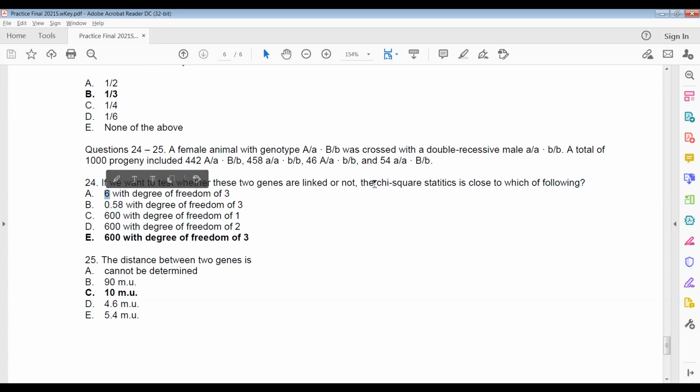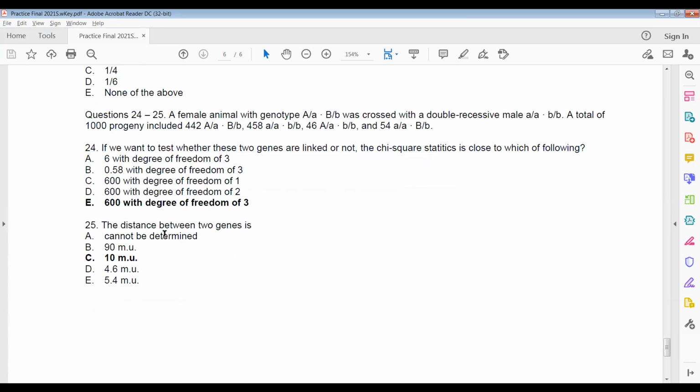If there's a significant linkage, you're going to see big numbers like this. And the degree of freedom should be what? k-1. We have 4 categories here, so the degree of freedom should be 4-1, which is 3. Without any calculation, you can find the right answer, right?